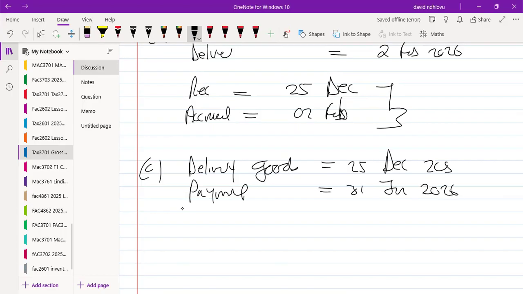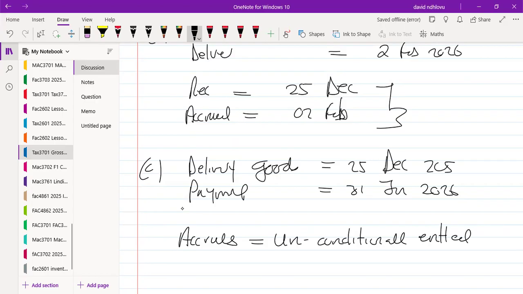This is 2025, so accrual is in your hands. Accrual is when you are unconditionally entitled to an amount of money. So unconditionally entitled.